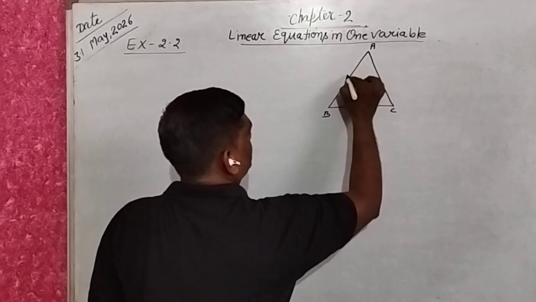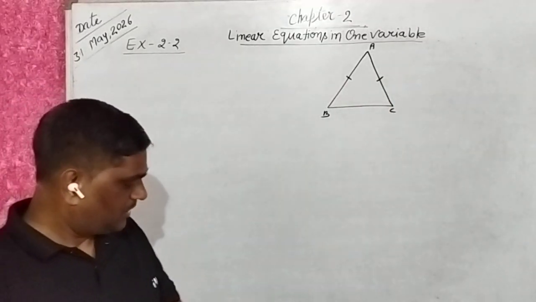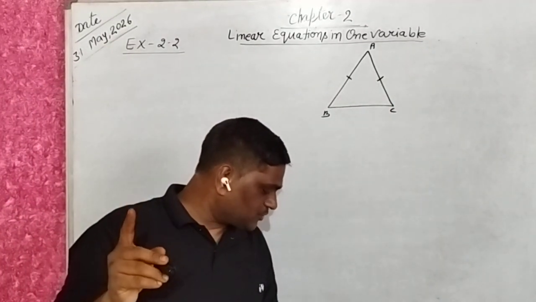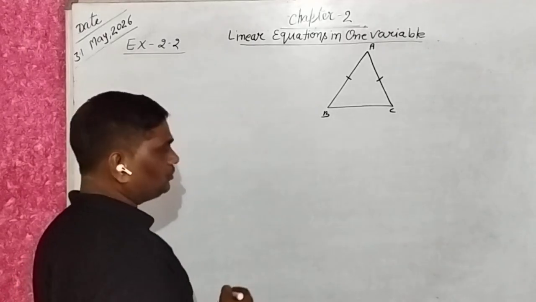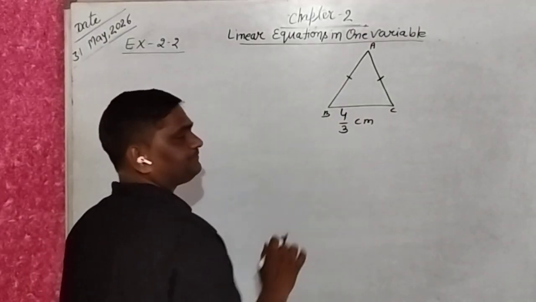Triangle ABC, in which AB and AC are equal. The base of the isosceles triangle is 4/3 centimeter.